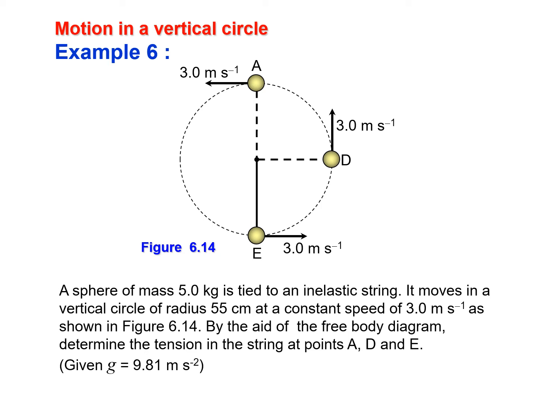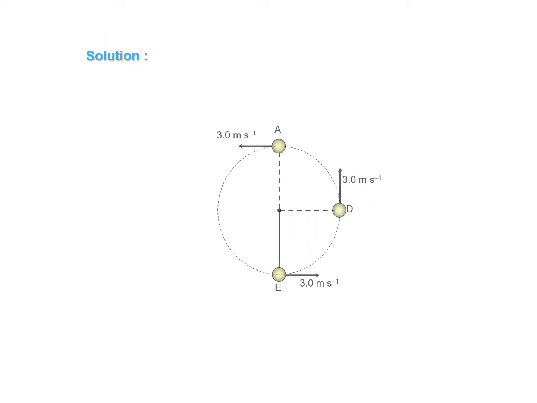You have a sphere of mass 5 kg, tied to an inelastic string. It moves in a vertical circle of radius 55 cm at a constant speed of 3 meters per second as shown in the figure. With the aid of the free body diagram, they want to determine the tension at points A, D, and E. For the solution, first we draw the free body diagram.